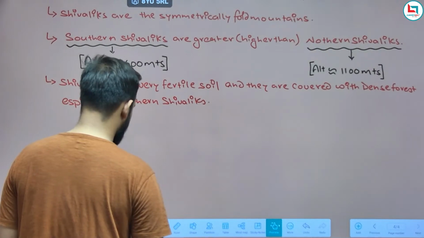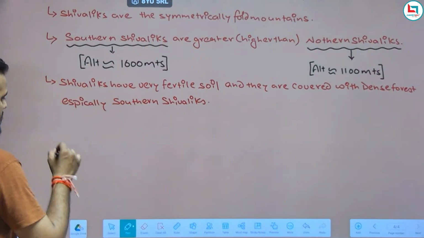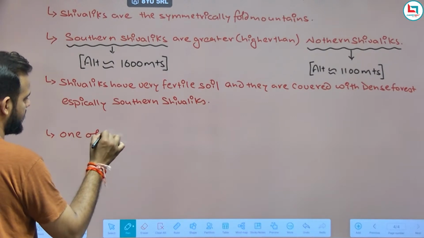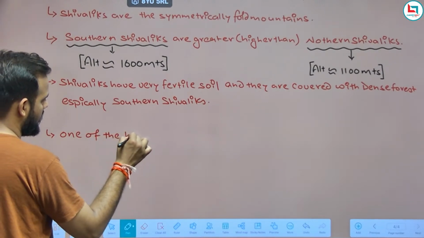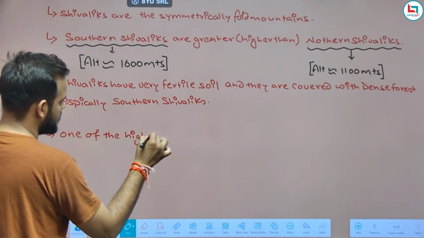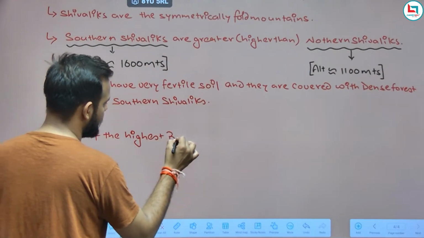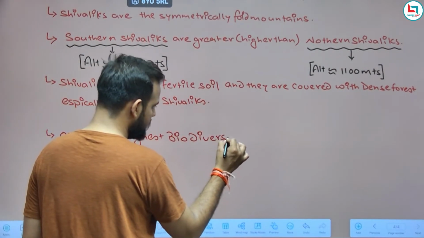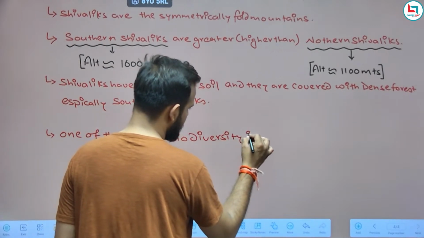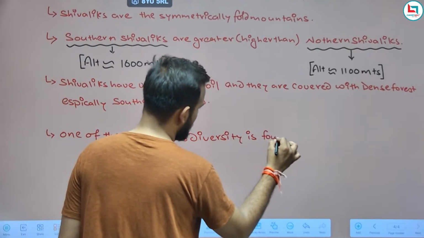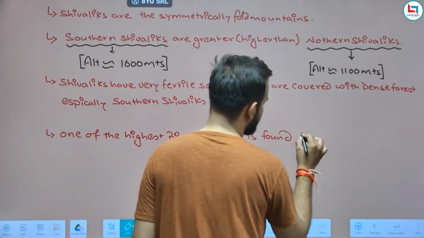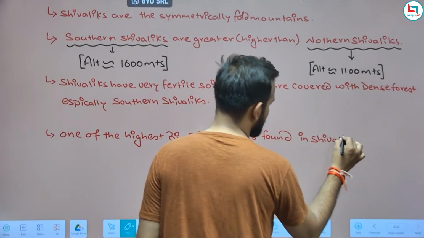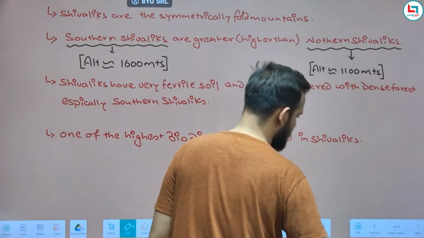One of the highest biodiversity is found in Shivaliks.